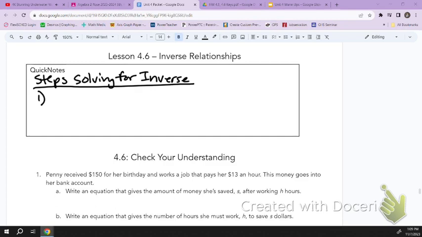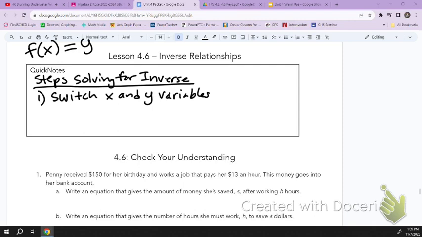Our first step is going to be to switch your x and y variables. And I know we've been using function notation a lot, so I'd make a note that f of x and y are the same thing.